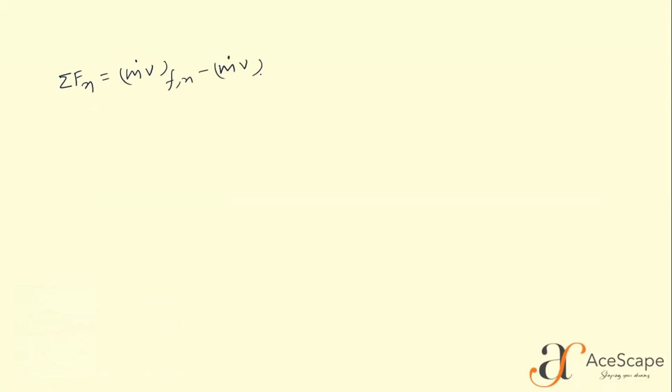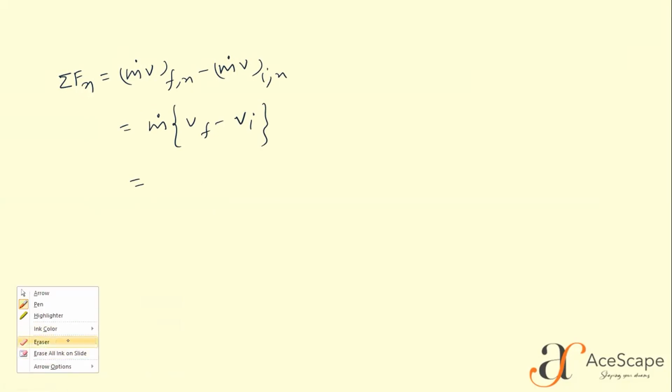Now, Fx is equals to mass flow rate into velocity final in x direction minus mass flow rate into velocity initial in x direction. Taking mass flow rate common, V final minus V initial. In this case, the mass flow rate is not same.